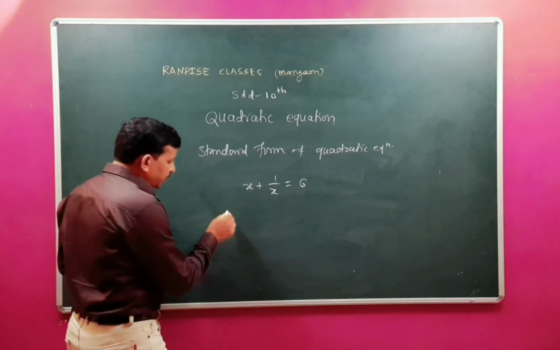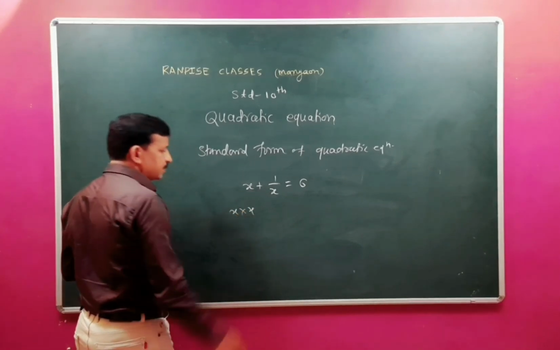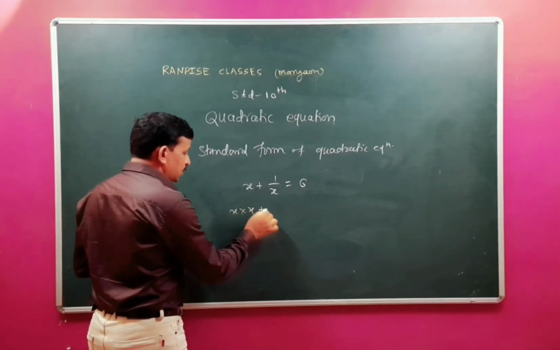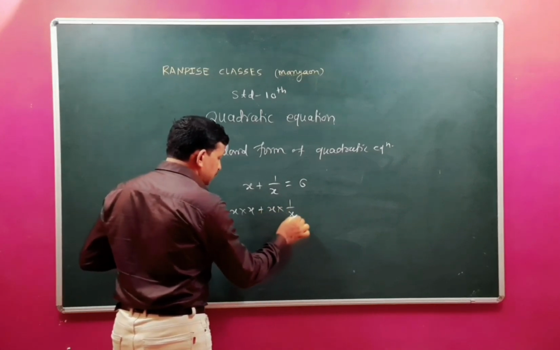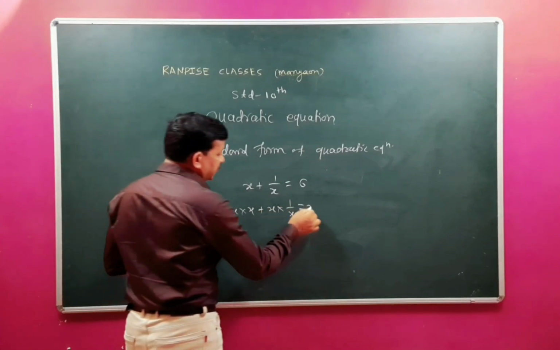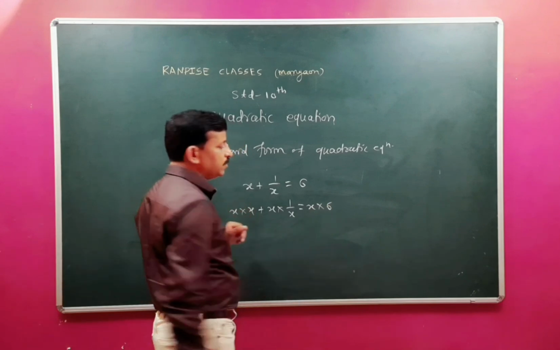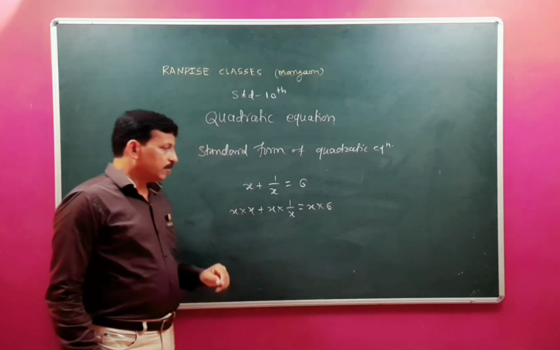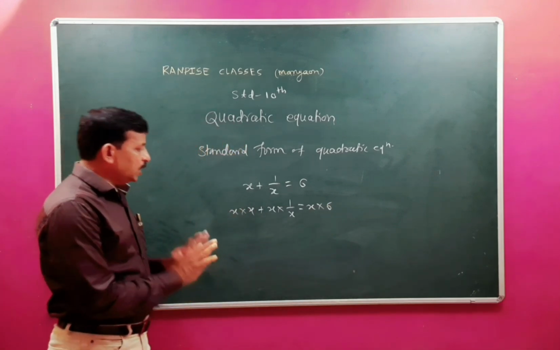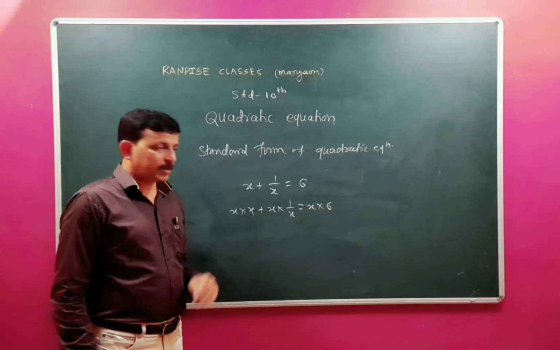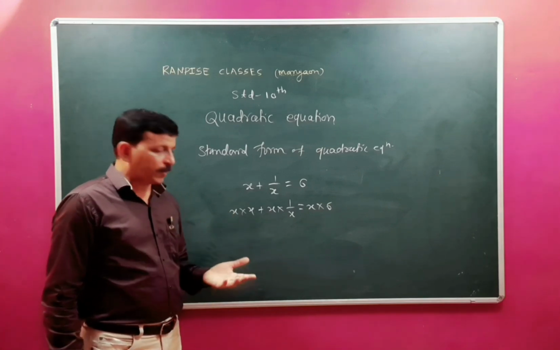Then here we get x into x plus x into 1/x equal to x into 6. Means here multiplying each term by x. That is, we can multiply the equation.